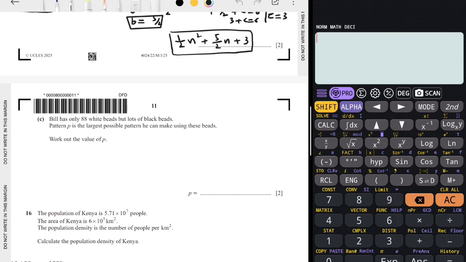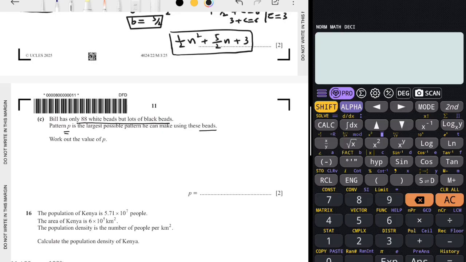Part C. Bill has only 88 white beads but lots of black beads. Pattern P is the largest possible pattern he can make using these beads.